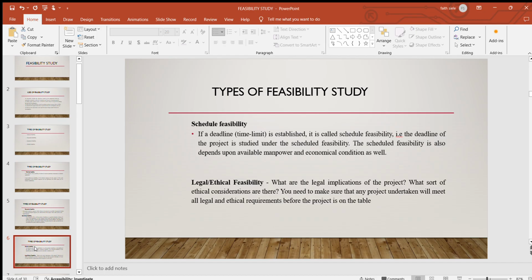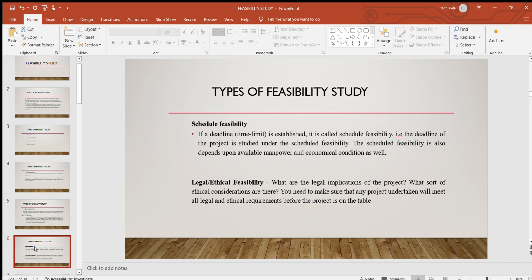So when you talk about timeline, here in schedule feasibility, it determines if the project can be completed within the desired time frame. Then when we mention resources, this one assesses the availability of necessary resources such as, let's say, personnel. We can have maybe equipment and even funding. Just to give an example, you might have a company which is launching, let's say, a new online store.